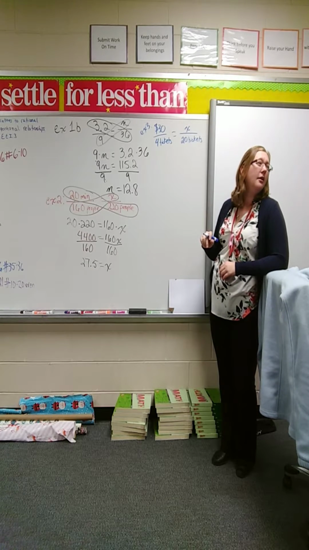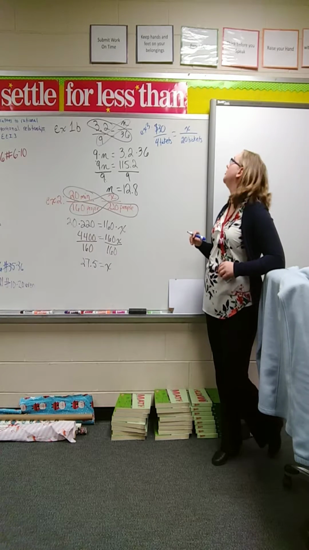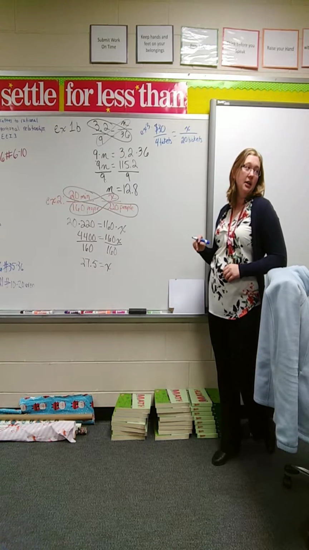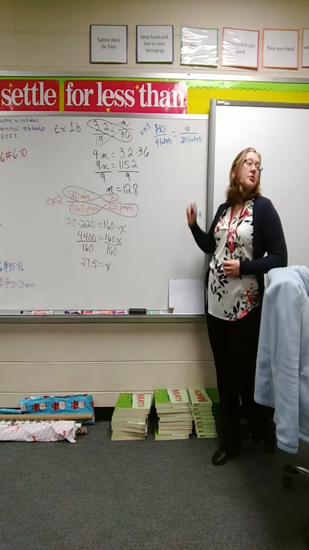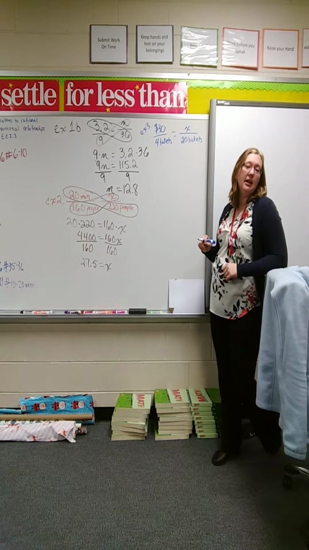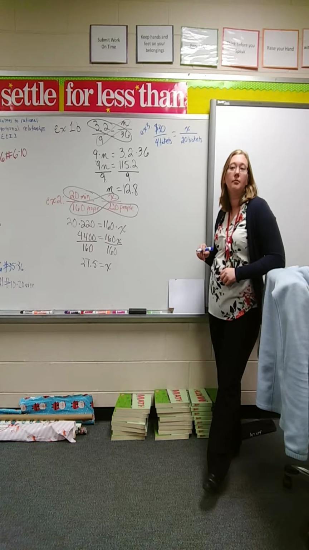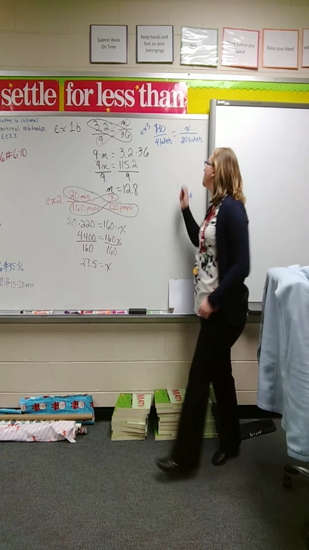So we are changing our thought to 150 instead of 180. Okay? Let's double check using a proportion. What's the first thing that I need to do? I need to cross multiply.